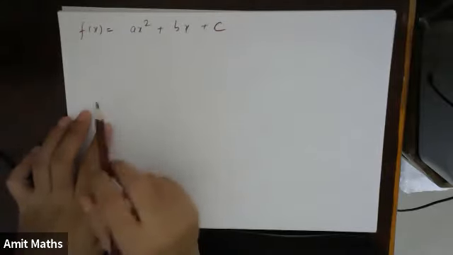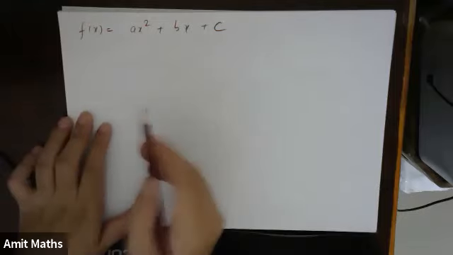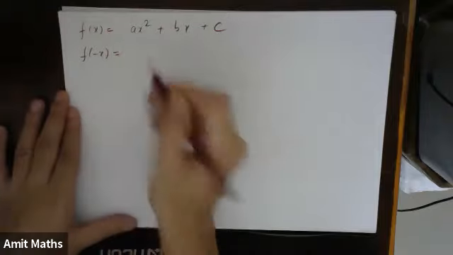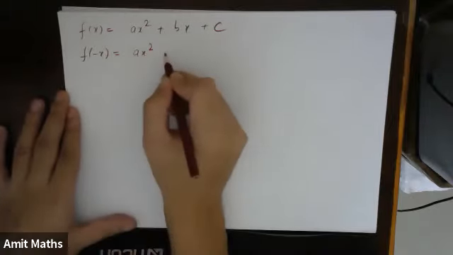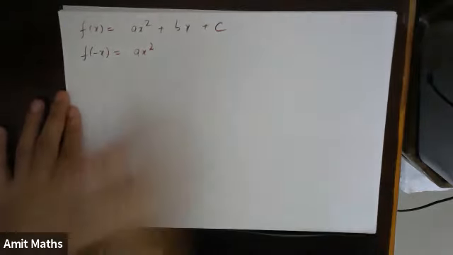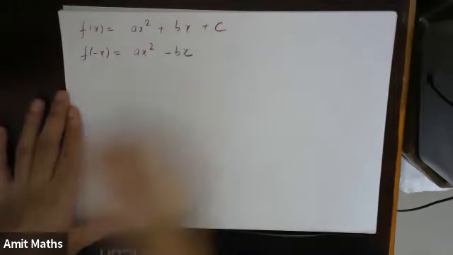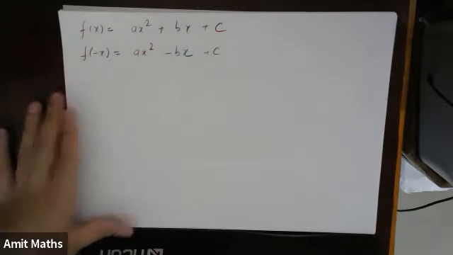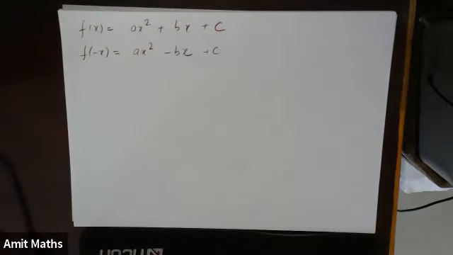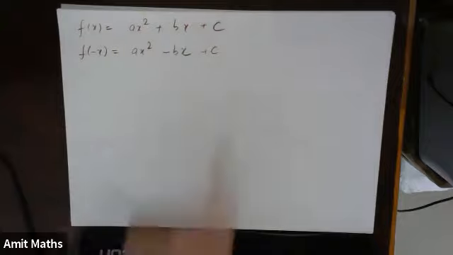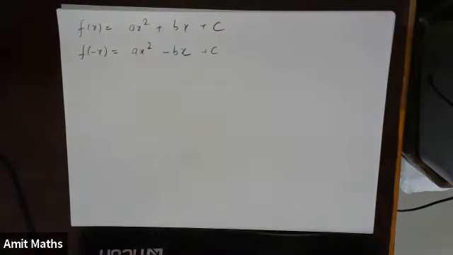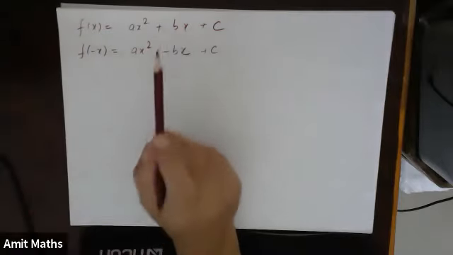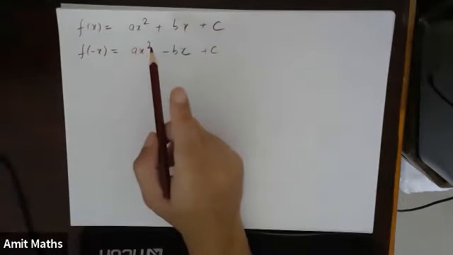If I substitute minus x instead of x, I will get ax square minus bx plus c. Okay. So which part changes its sign when I substitute minus x? Only the odd part.